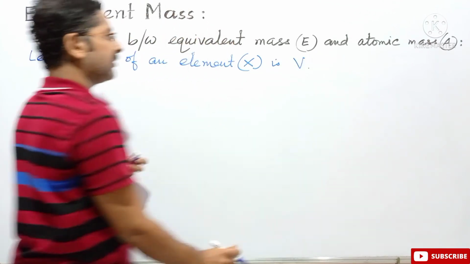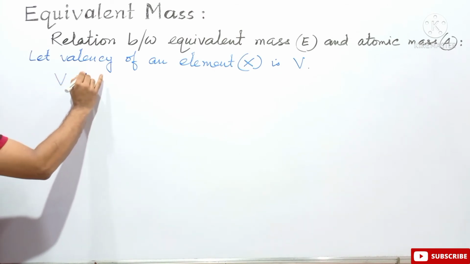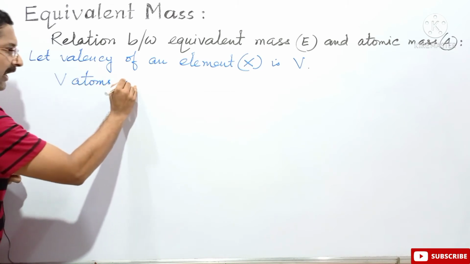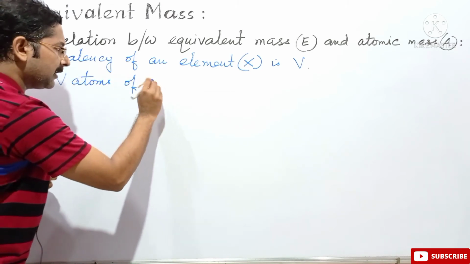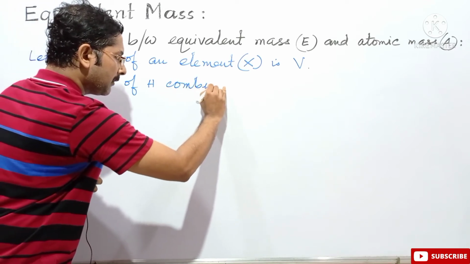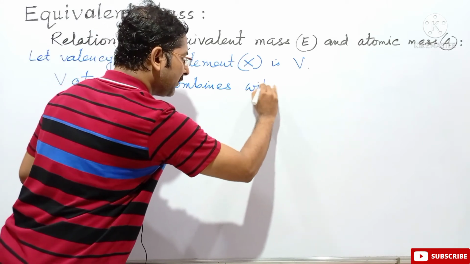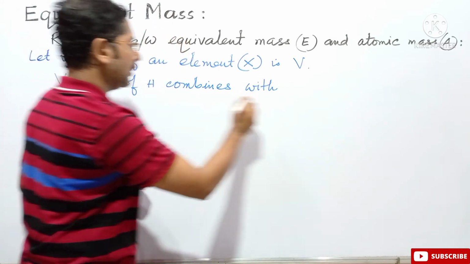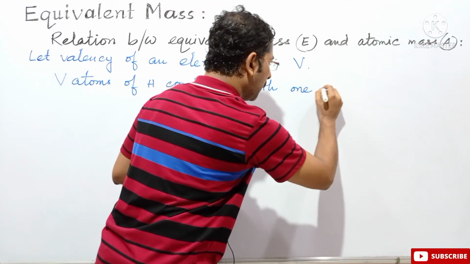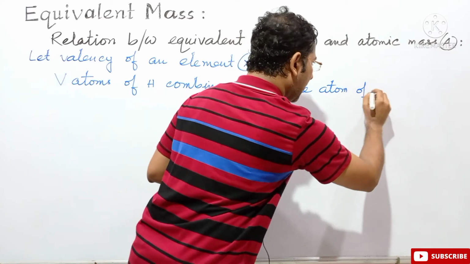So we can write V atoms of hydrogen combine with one atom of the element X.